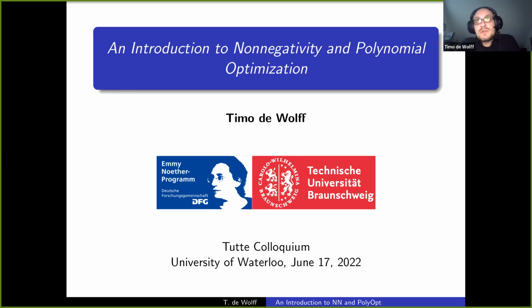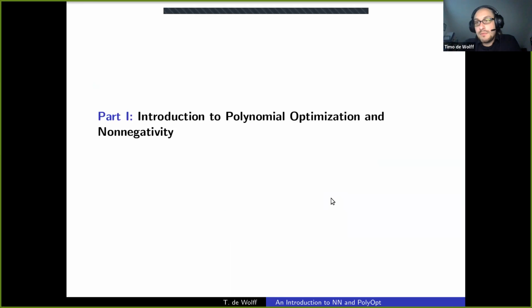I want to give an introduction to non-negativity and polynomial optimization. Essentially, this talk has three parts. First part is a very general introduction to the field. I'm assuming that there are a few people, at least in the audience, who have not seen this before in any other talk, so I'll try to give a general picture.